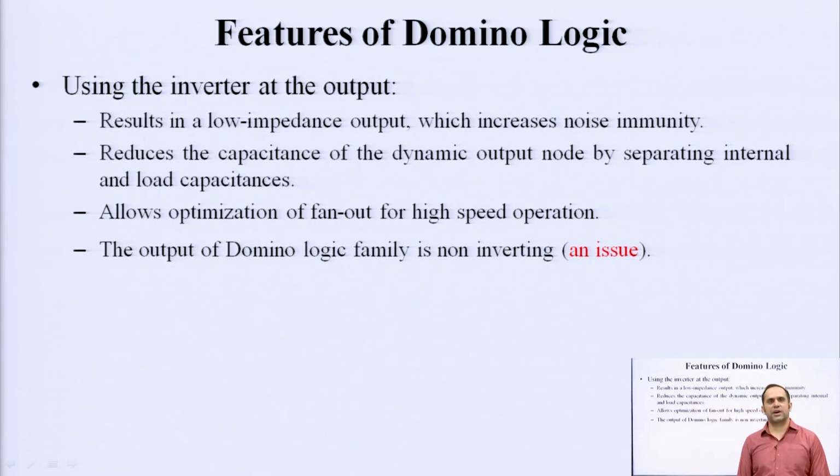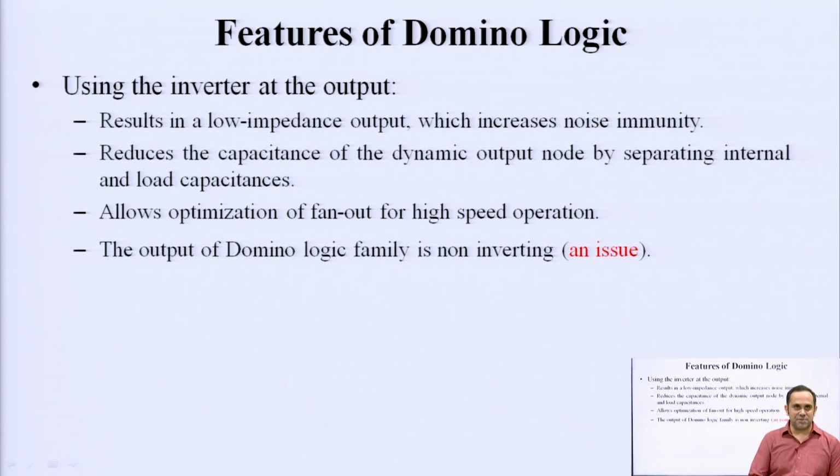Now, what is the effect of adding this inverter at the output of stage 1, or for every preceding stage you are adding an inverter at the output? What it does is that it results in a low impedance output which increases noise immunity.